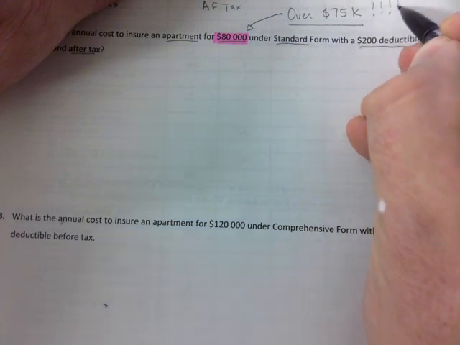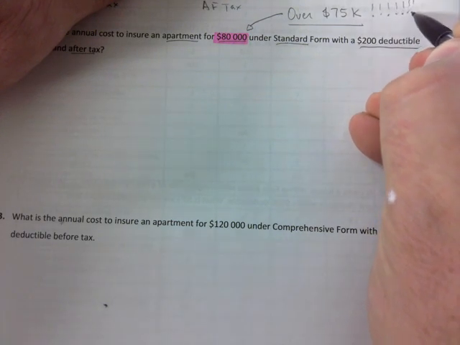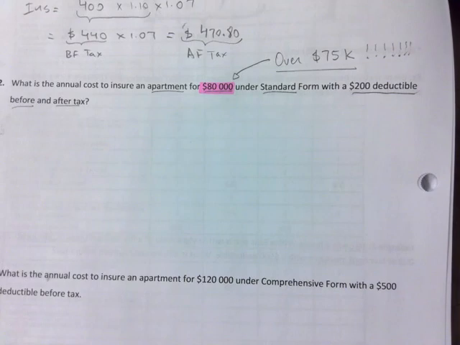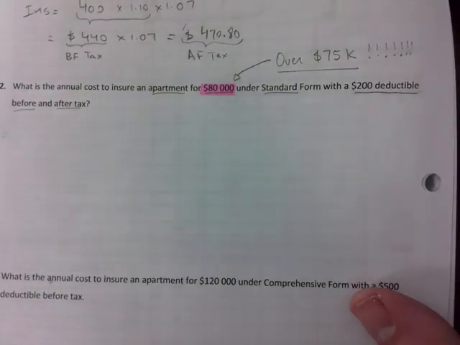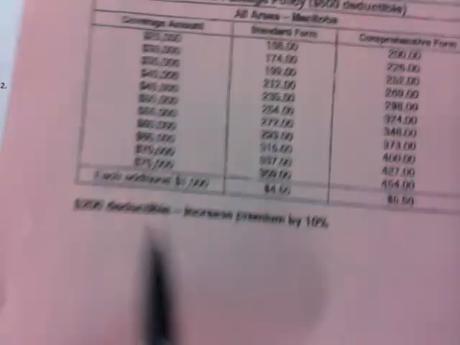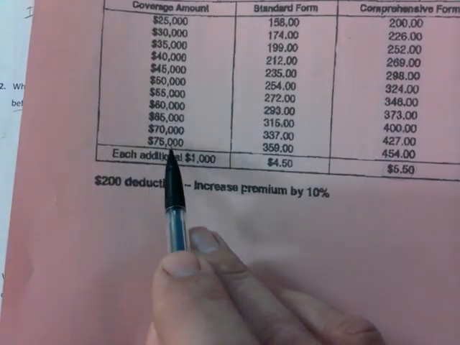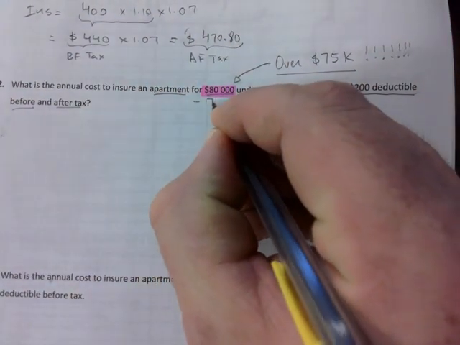Just do a few, not too many. Okay? Just so you know, it's over 75,000, so that means you're going to have to pay extra, above and beyond what the table shows you. So watch what I'm going to do. 75,000 comes from it. There, it's not a magic number. I'm going to go minus 75,000.